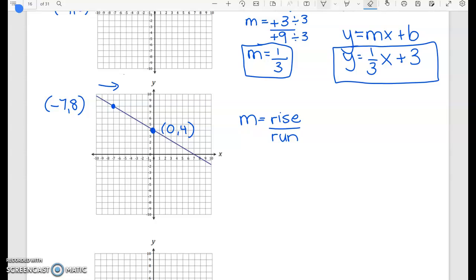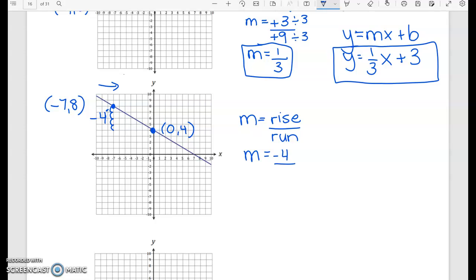Okay, so let's figure out how we get from our most left point to our right point. Now in this case, you're going to see that I actually have to go down. So my rise is going to be a negative number. Let's count. 1, 2, 3, 4. I went down 4, so my rise is actually a -4. So I'm going to substitute that -4 in for my rise.